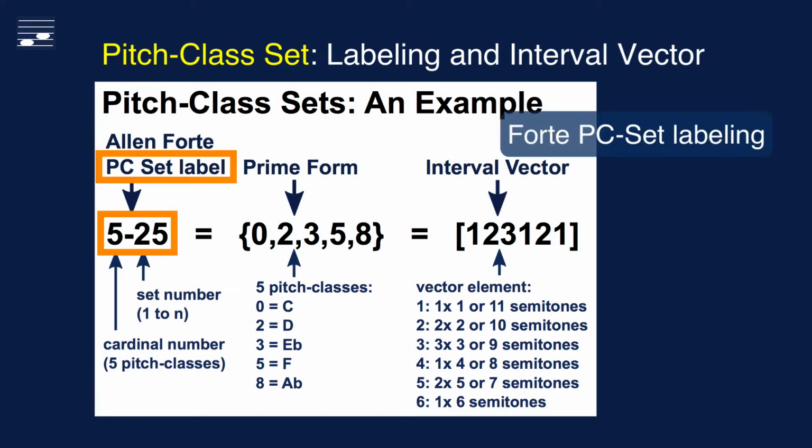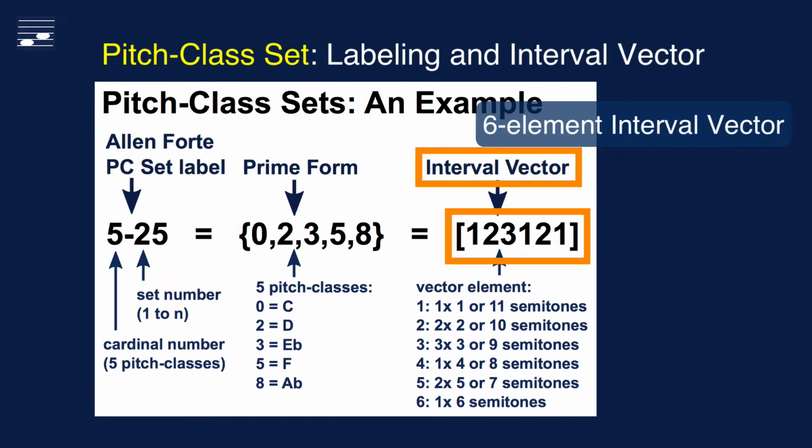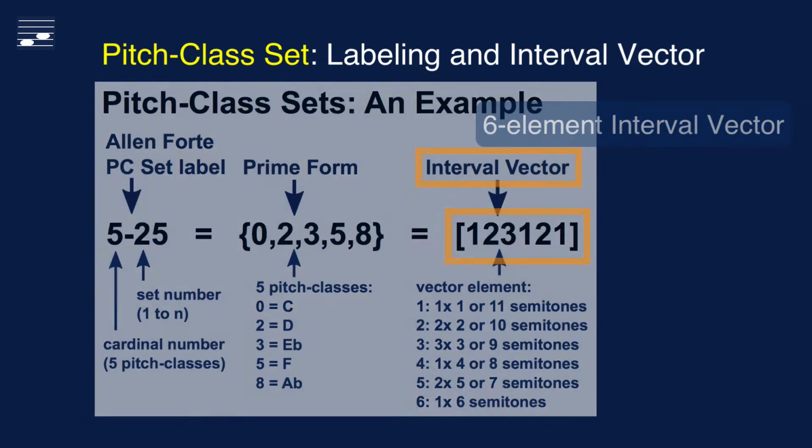Each of these is characterized by a unique label, a prime form showing the closest voicing of the chromatic pitch classes in the set, and the 6-element interval vector. PC sets may be used in original and inverted form.